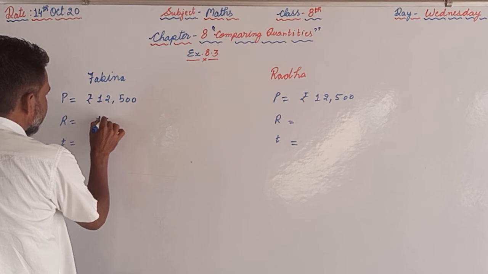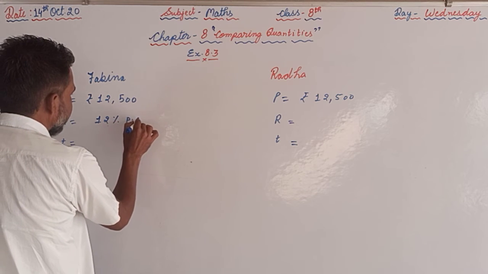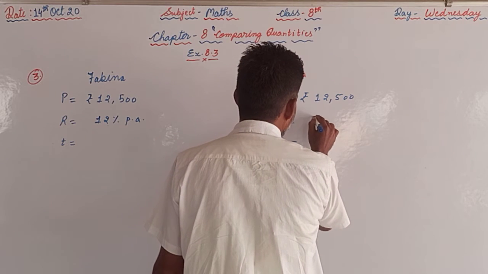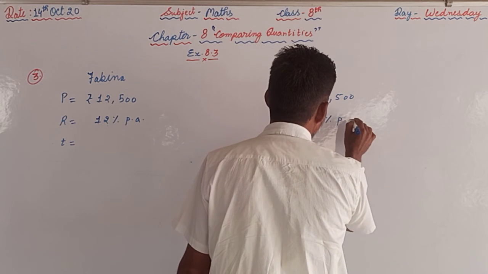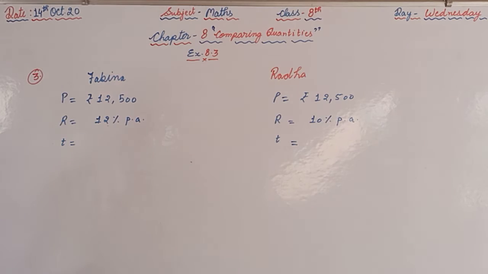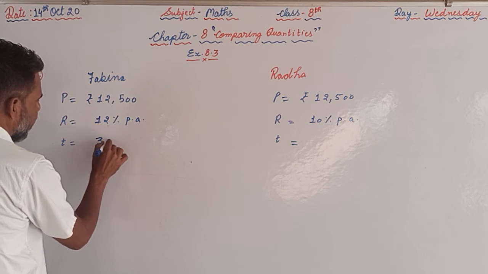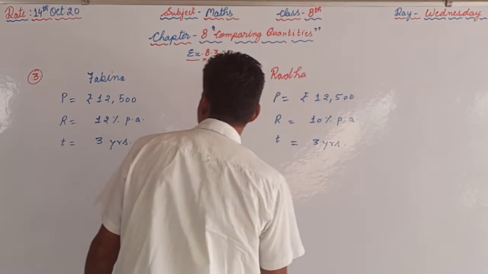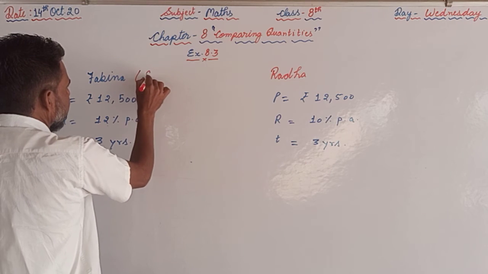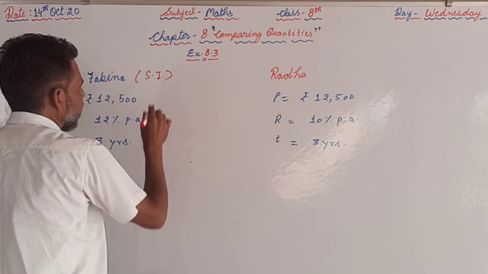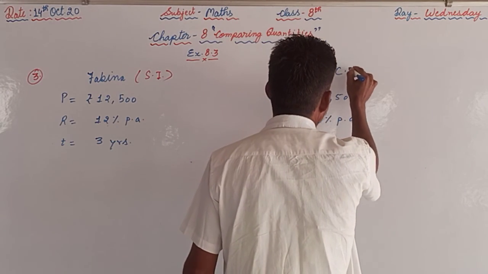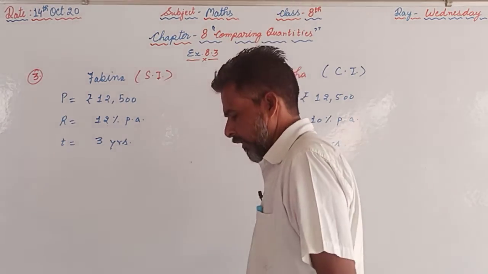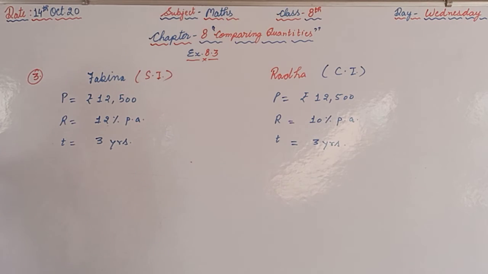Here that is 12% PA, means per annum, and here that is 10% per annum, and the time is 3 years, that is the same, and here again 3 years, but here that is simple interest and here that is compound interest. Now we are supposed to see which one out of Fabina and Radha has to pay more interest.